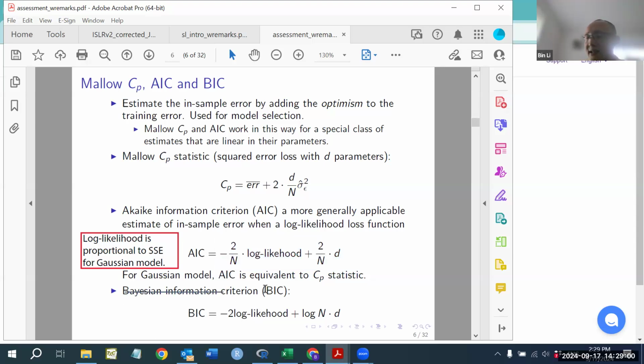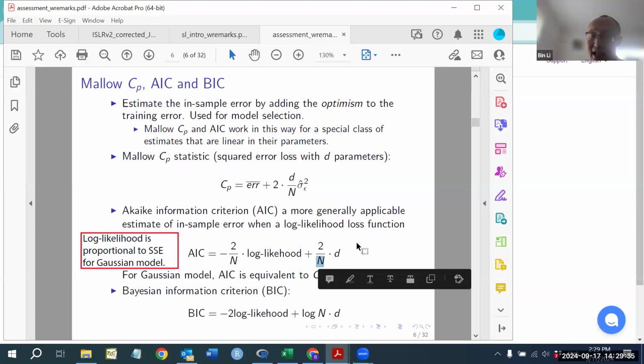And another one is the Bayesian information criterion. It's -2 log likelihood plus that. So you can see AIC and BIC are very, very similar, right? The n is just a scaling factor, it doesn't matter. We can remove it. Why? Because an AIC value on its own has no use. AIC and BIC are useful when we compare models.